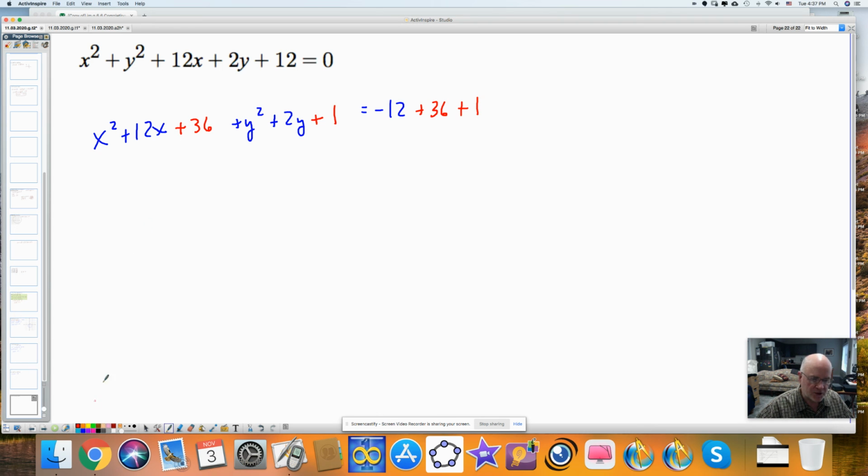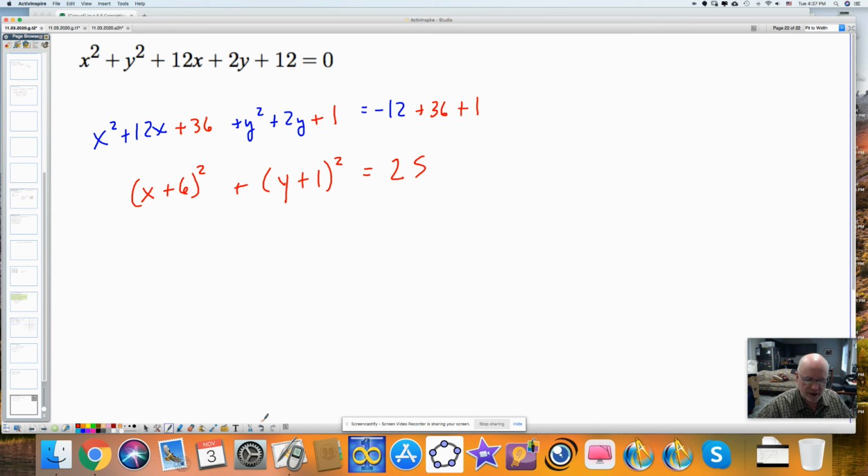And I get from my equation that x plus 6 squared, this is my squared binomial, perfect square trinomial, plus y plus 1 squared is equal to, let's see, this is 25.